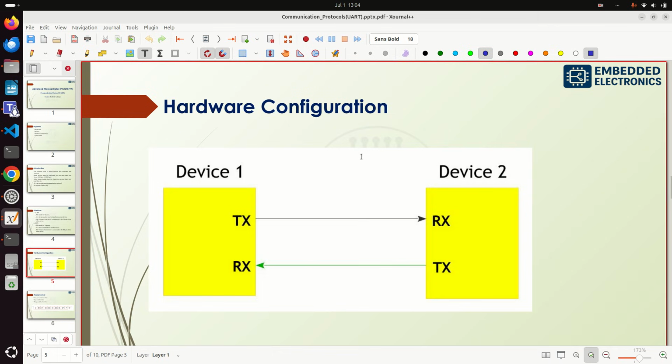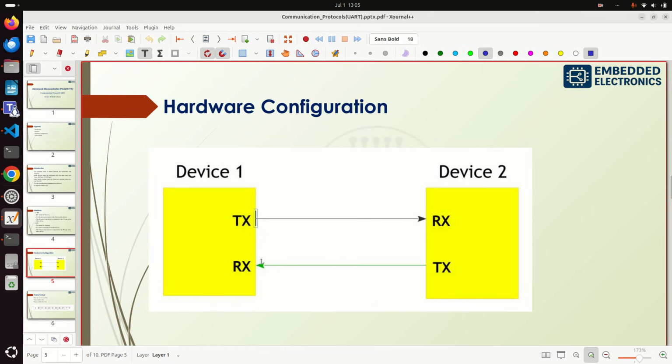In device 1 we have line 1, and in device 2 also we have a line. This line is transmitting, because it transmits. And here this line is receiving.